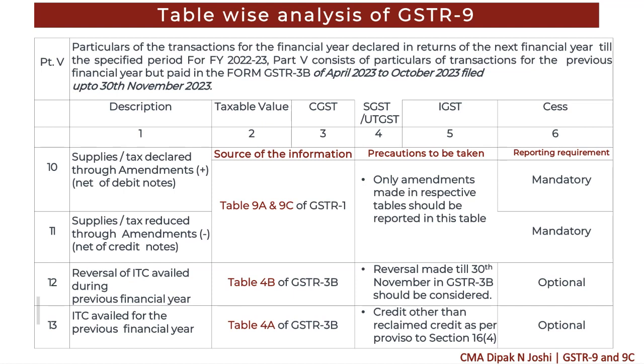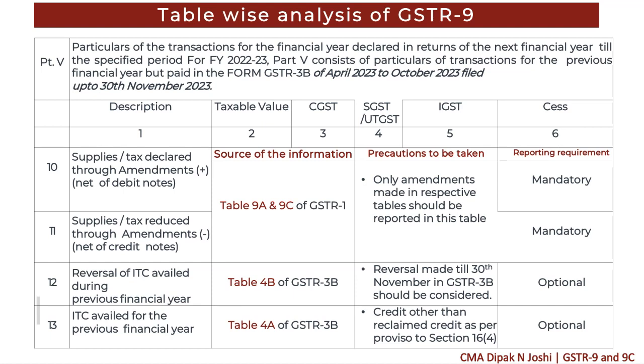Tables 12 and 13 are regarding reversal of ITC availed during the previous financial year. So in the last financial year, if you have availed any credit but you have reversed that credit till 30th November, then you require to report such information in table 4B.